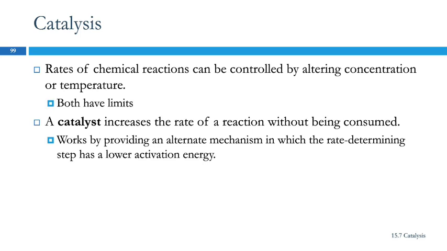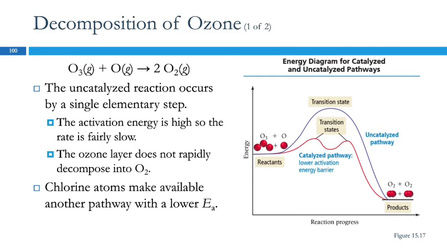How does it work? It provides an alternate mechanism where the rate determining step has a lower activation energy. So here we have ozone and atomic oxygen reacting. And normally the transition state has a fairly high activation energy to get down here.